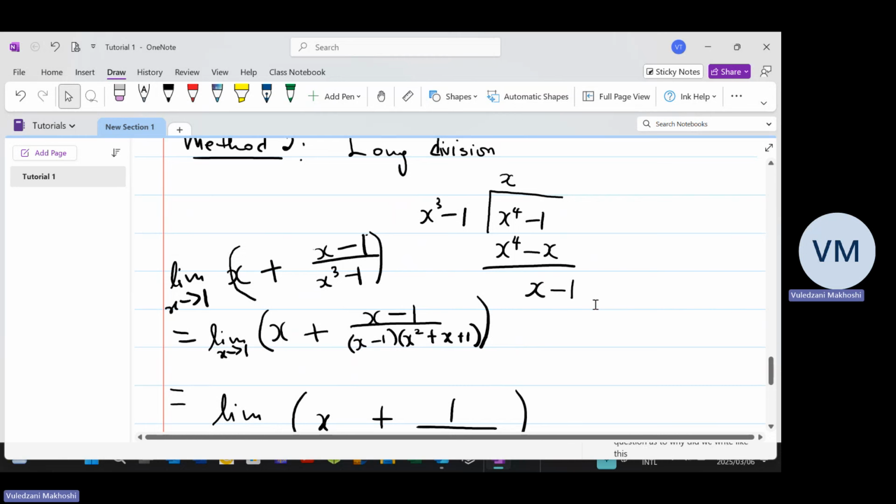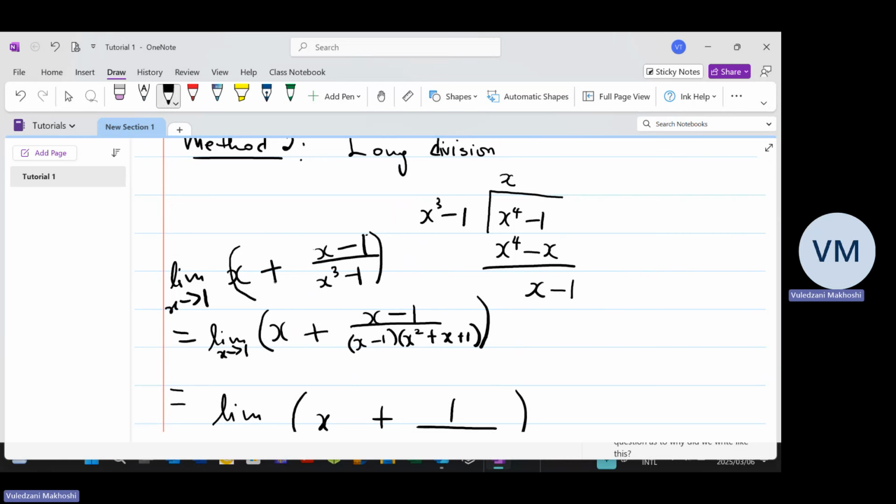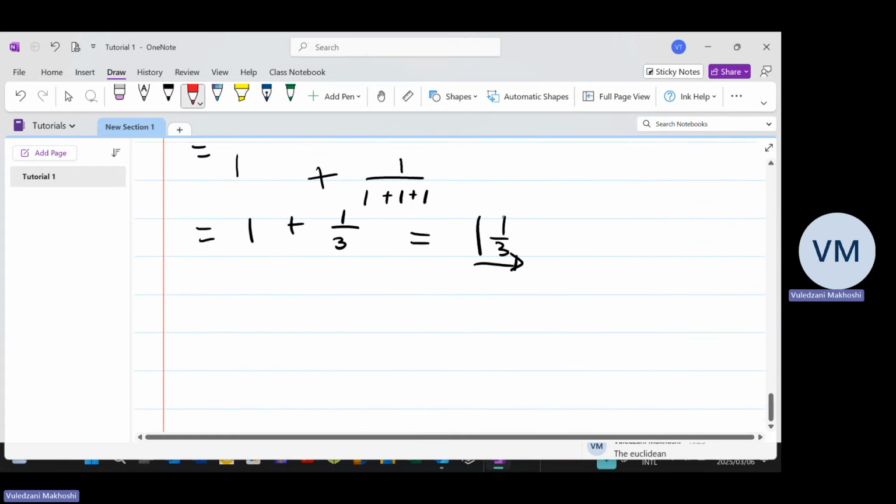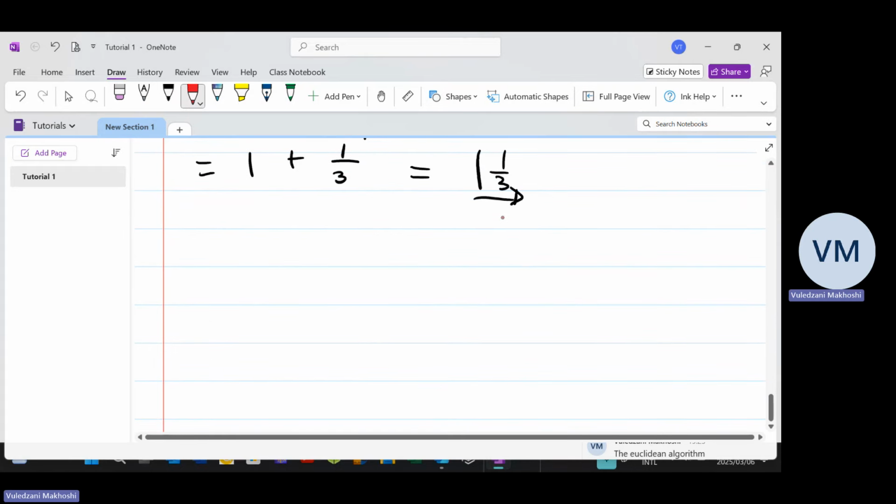Why did we write x plus x minus 1 over x cubed minus 1? No, it's just from the Euclidean algorithm for, shall I say, rational functions.